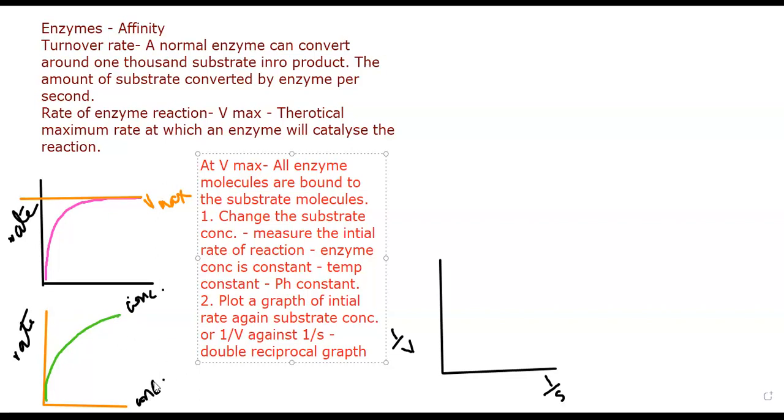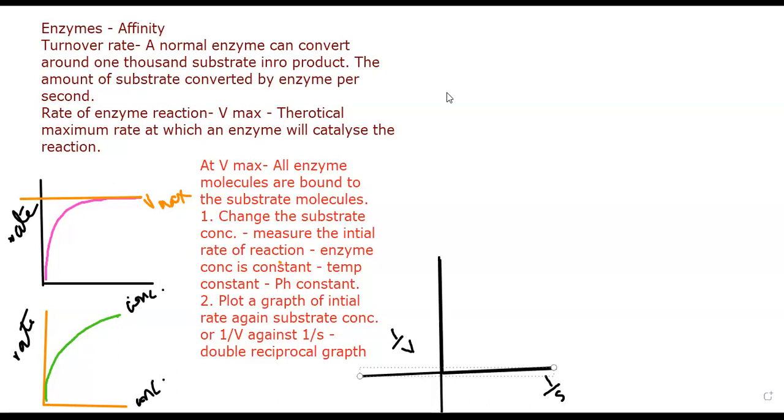So if I want to continue plotting it, I can continue plotting it to an infinite value, because it's never going to become horizontal, right? Now, when I plot a graph like this, I will end up getting a straight line graph. That's the advantage. So instead of having to bother myself with a curve, I'm going to end up with a straight line graph. And you will see exactly how that is important for us.